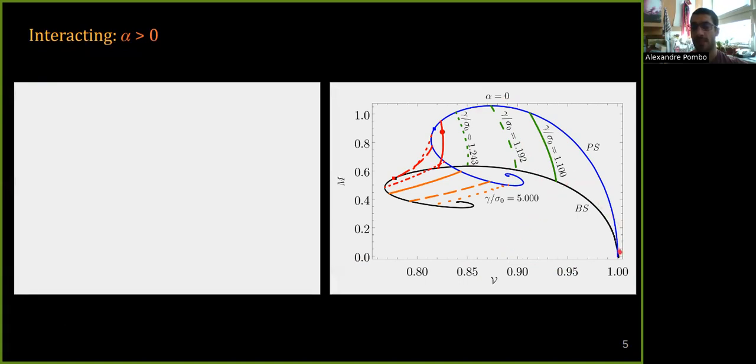And this domain of existence is delimited by the Proca star, which is in blue, and by the scalar boson star, which is in black. And we can see that all the Scalar-Proca stars continuously interpolate between the Proca star and the scalar boson star.